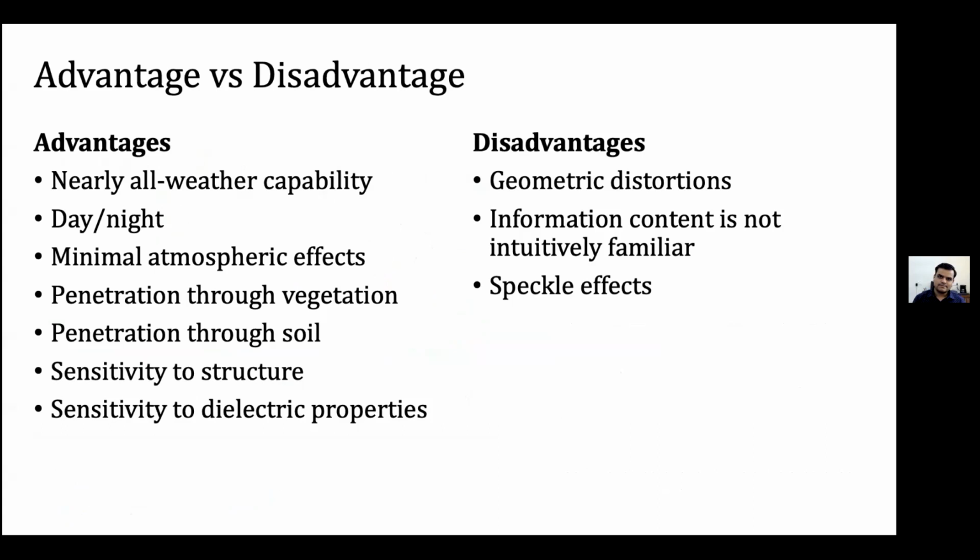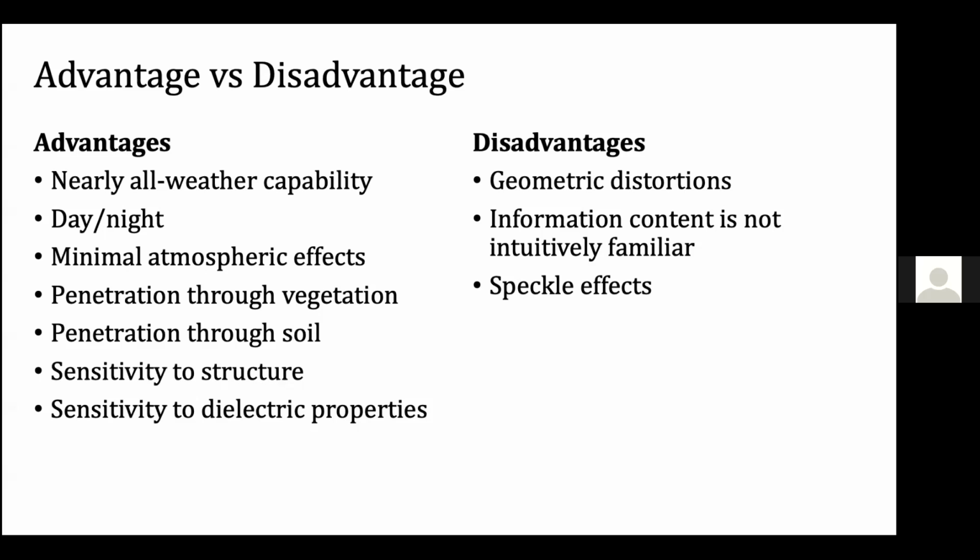There are certain situations where even radar data will be affected by very heavy precipitation, but those are exceptions. The major advantage is penetration through the vegetation and soil structure. Because of that, there are a lot of applications in disaster mapping, ecosystem domains, glaciers, and the cryosphere.